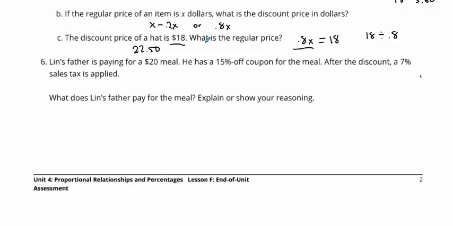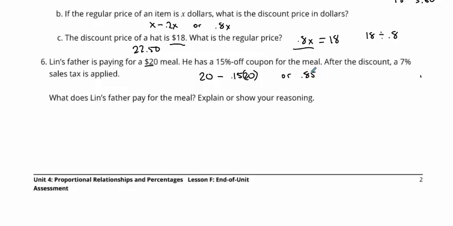He has a 15% off coupon, so he gets 15% off the $20. So let's find that first. 15% off of $20. So remember the two ways. We could take $20 minus 15% of $20, or if it's 15% off, then we have to pay 85%, right?